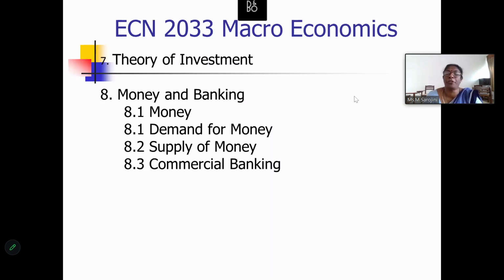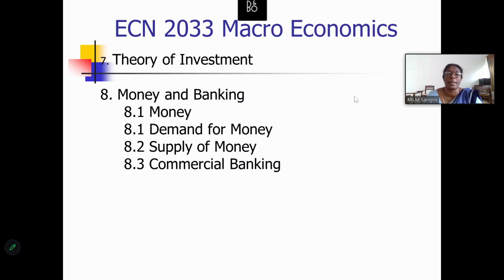Then demand for money. Demand for money also is a vast area. Under this we can divide it into 3: classical, Keynesian, and modern. Here we only concentrate on the classical as well as the Keynesian theory approaches.